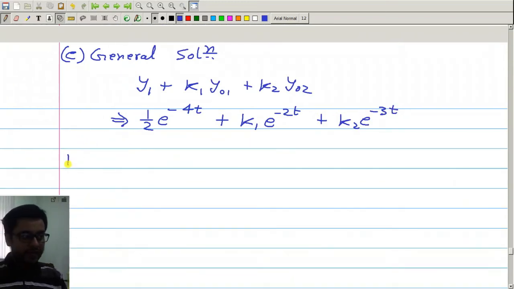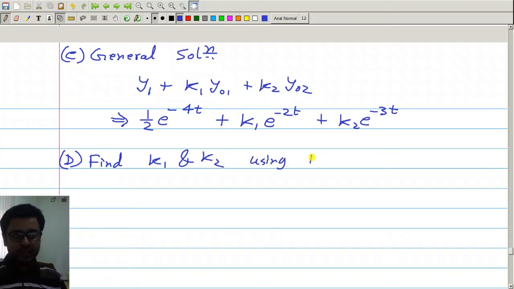Now finally we have to find the values of k1 and k2 using boundary conditions or initial conditions.